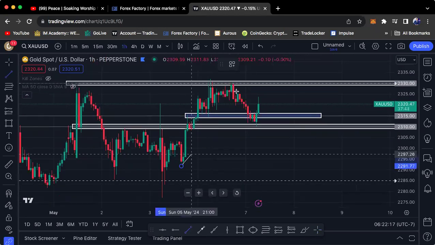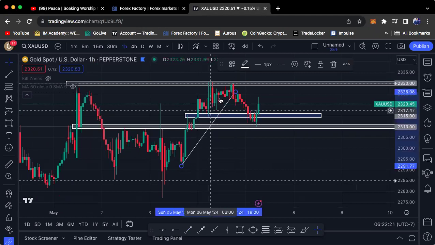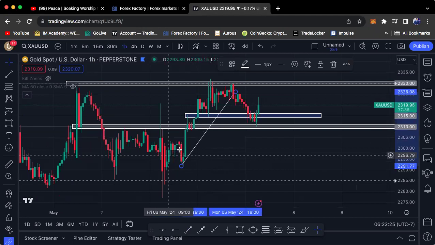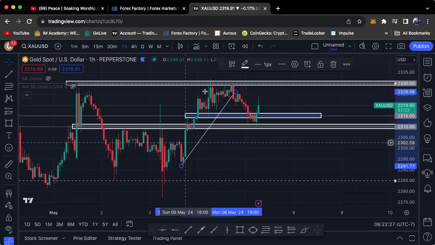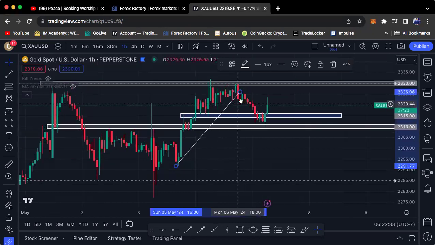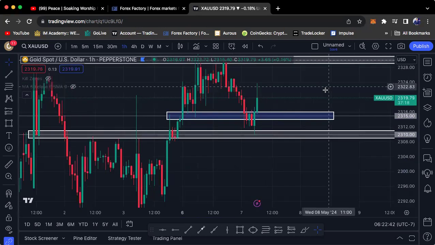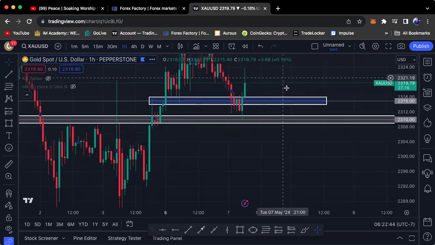This is all liquidity from last night. This is all liquidity from yesterday. Price went bullish to the upside. We tested, created a resistance level here, and then it finally broke below this kind of trend line. But I'm waiting for that break of structure.